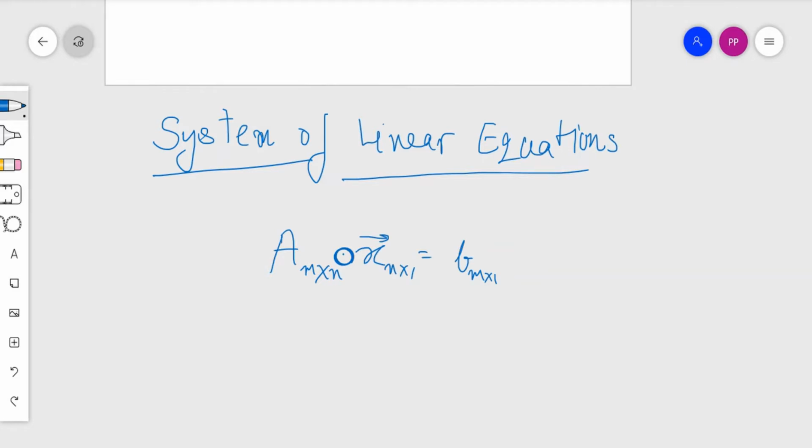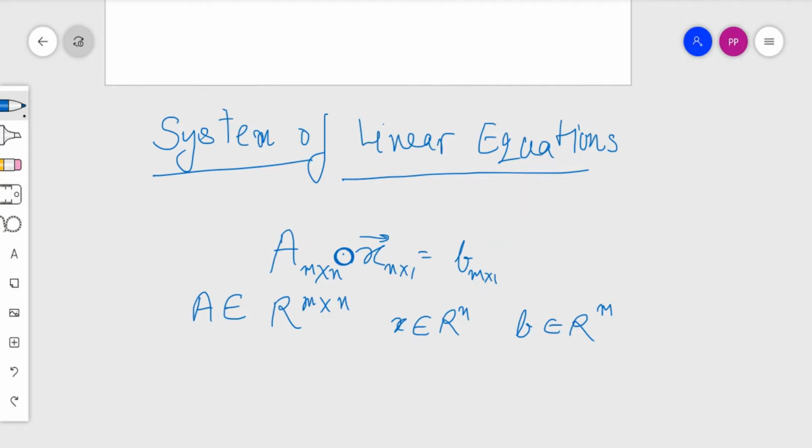Where A is an element of R power m by n, X is an element of R power n, and B is an element of R power m. So A is two-dimensional, vectors X and B are one-dimensional.